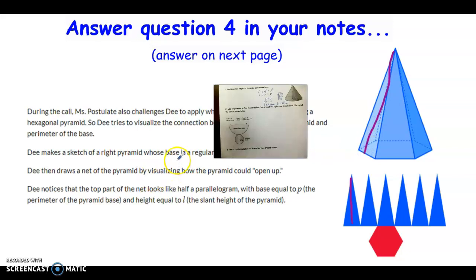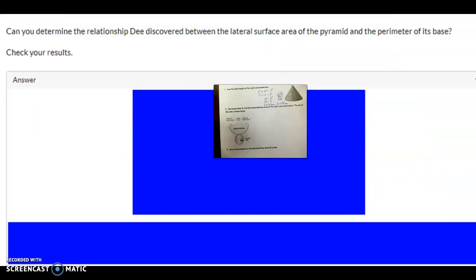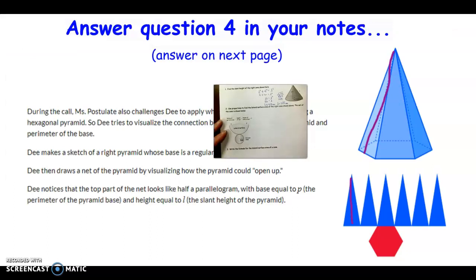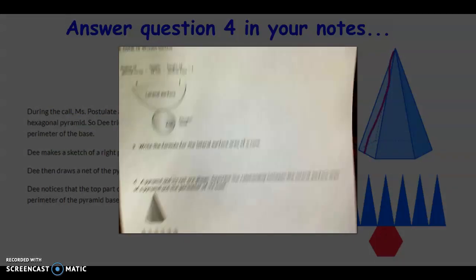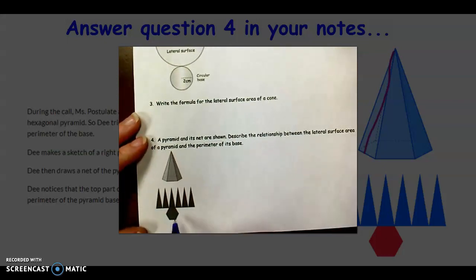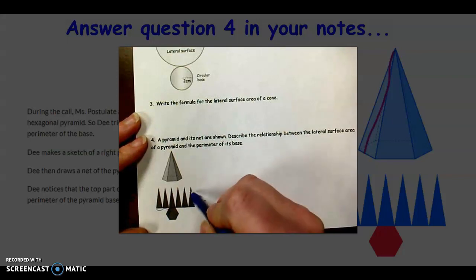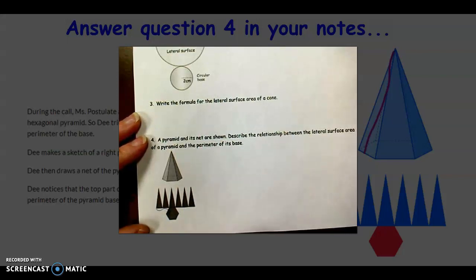That's a very straight line there, isn't it? So let's look at finding that. We'll do it, and then we can check it on the next page. All right, so let's make this big on number 4. Okay, so remember this is the perimeter of the hexagon, and the height of the parallelogram is the slant height.